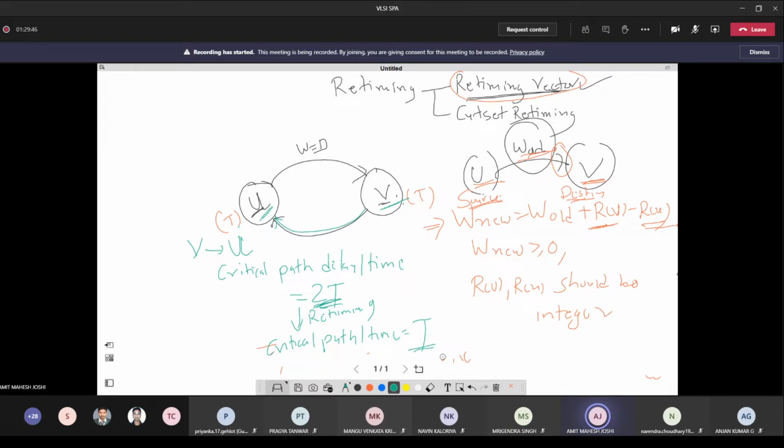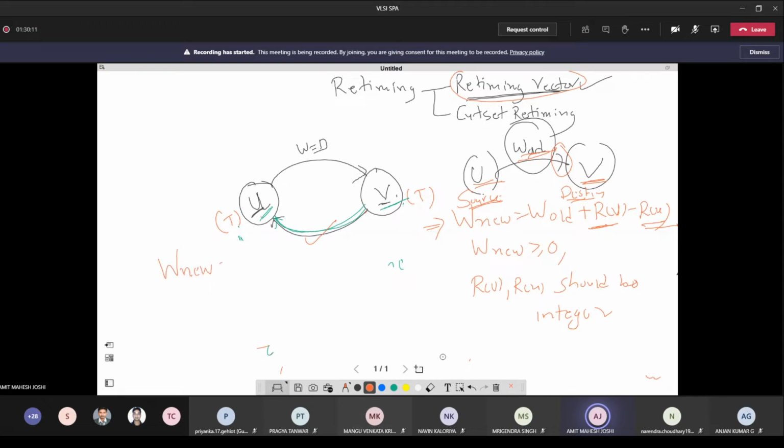Now for that let's consider the equation. I need to think about this edge first. So this is of my interest. I am interested in W new, which is W old plus RU minus RV.